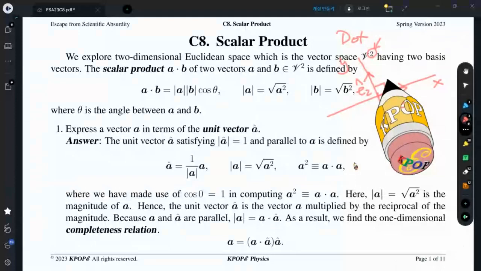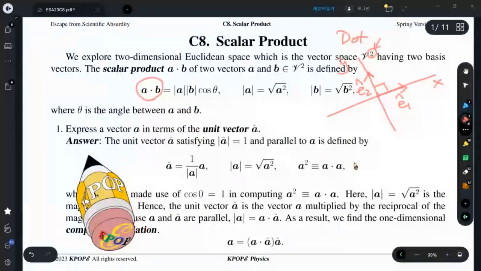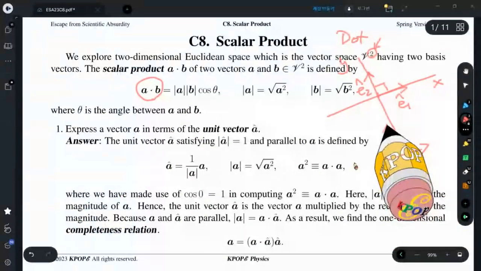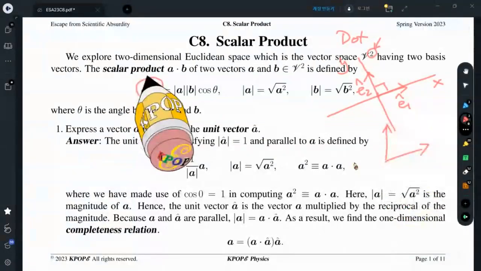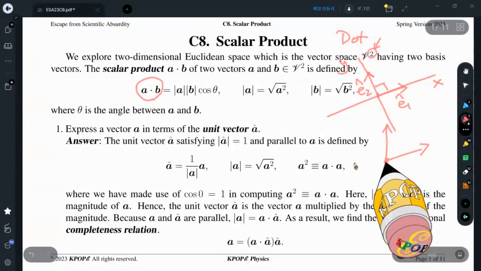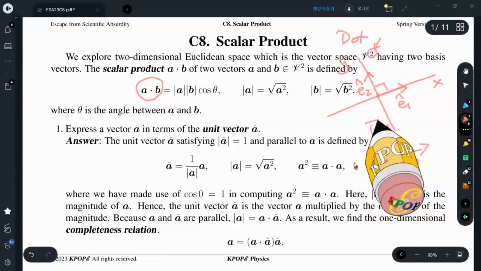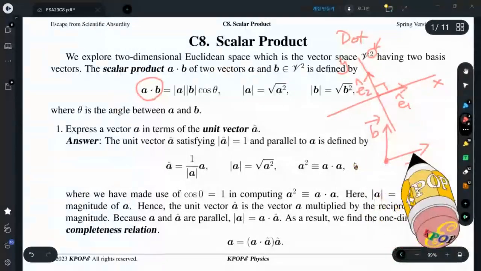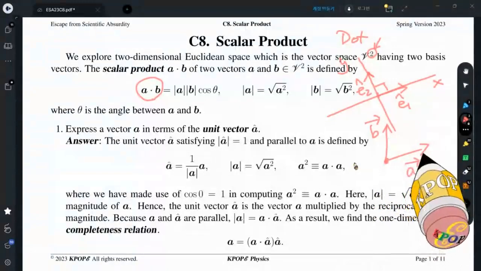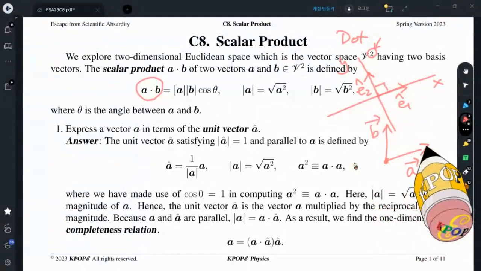By the way, before we begin, we define the scalar product of any two vectors. In two-dimensional space, we have two arrows sharing the tail. Let me say one is A and the other is B. The length of a vector is called the magnitude, and a vector has a magnitude and direction.